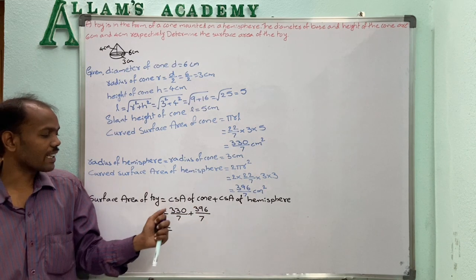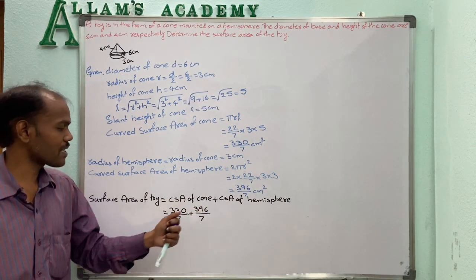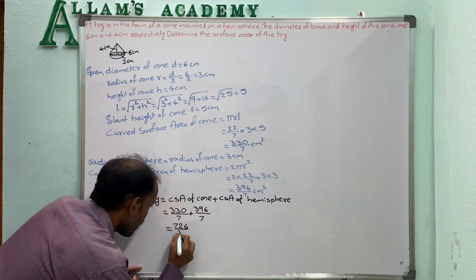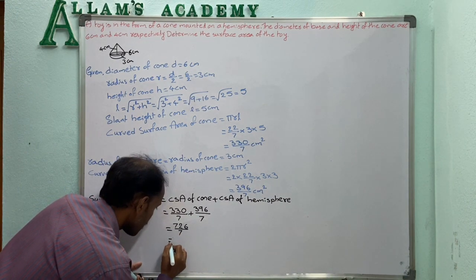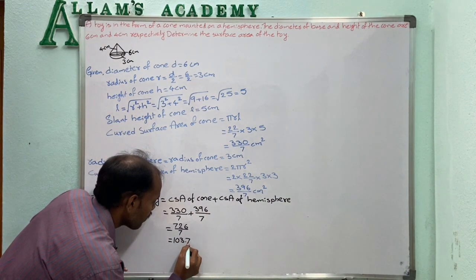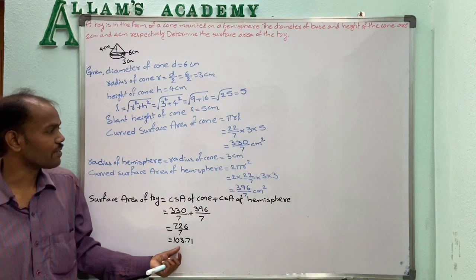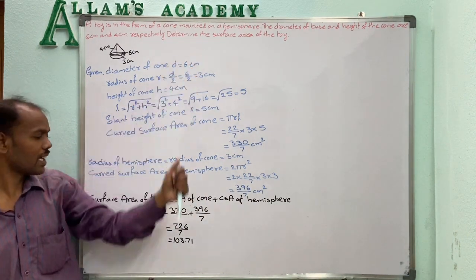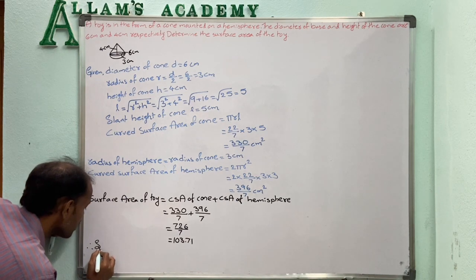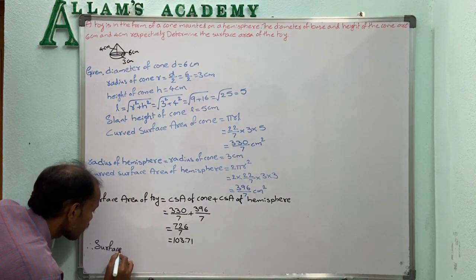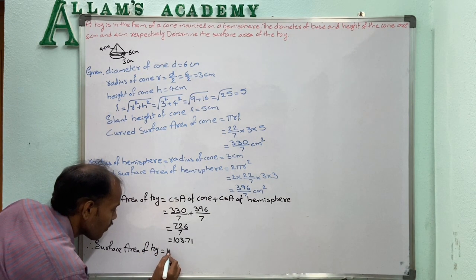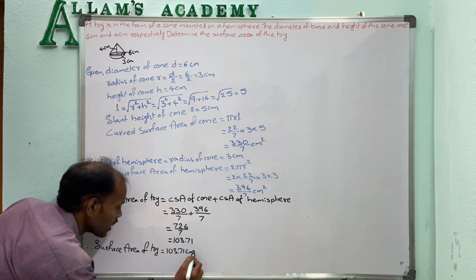Directly we add the numerators, 330 + 396 = 726, so 726/7, which is 103.71. Therefore the surface area of the toy is 103.71 cm².